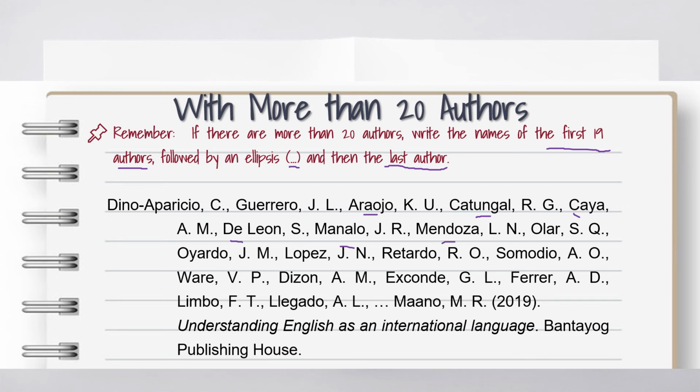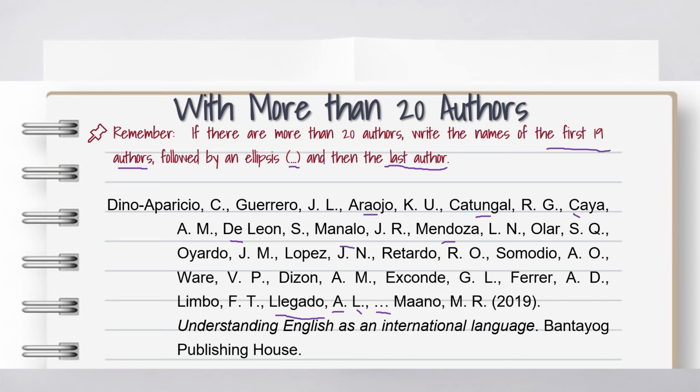And then you come up with the 19th author, which is Lielgado, A.L. This is your 19th author. That's why we're going to stop writing the names of the authors there. And then you're just going to write the ellipsis, the line of 3 periods.